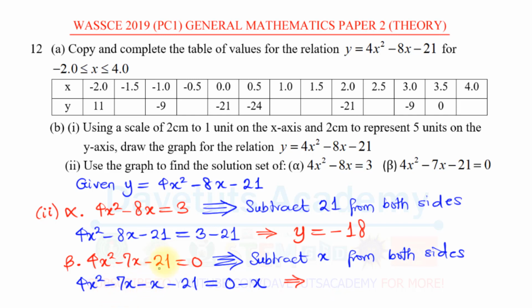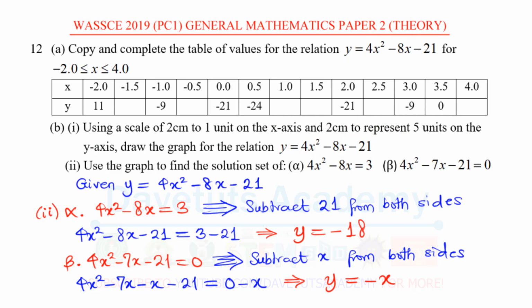And 4x squared minus 8x minus 21, that is y. So I can say this is y is equal to minus x. So these are the two new graphs that we need to plot on the graph of y is equal to 4x squared minus 8x minus 21, and the point of intersection will be the solution to this one.